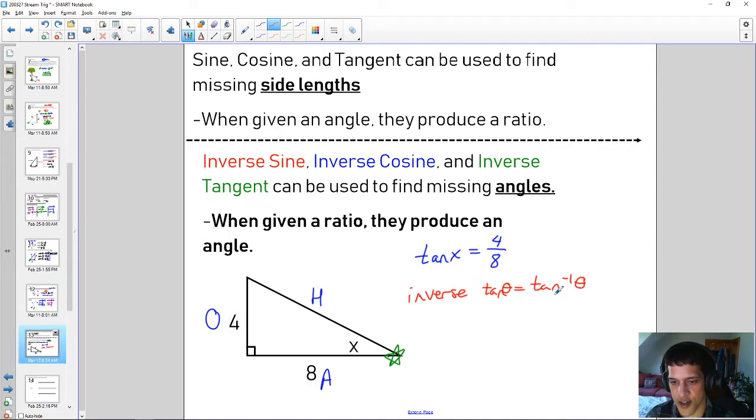So the inverse of tangent is tangent to the -1 theta. The way we write that out is not with the theta, but with the angle. So we write it as tan -1.